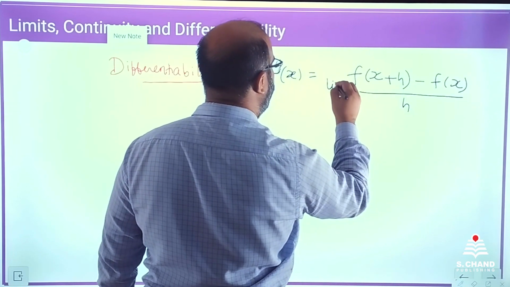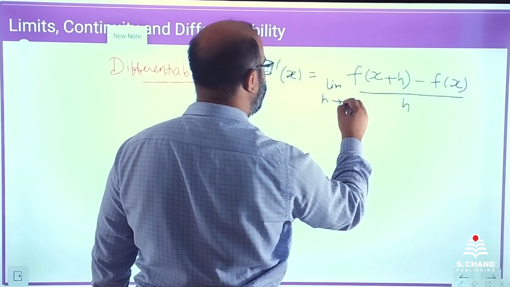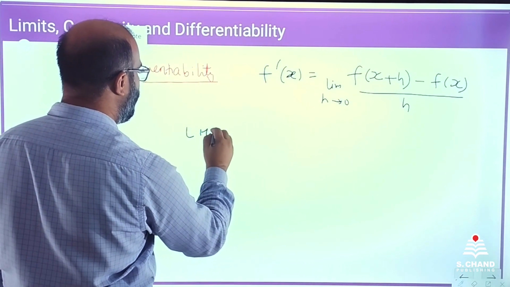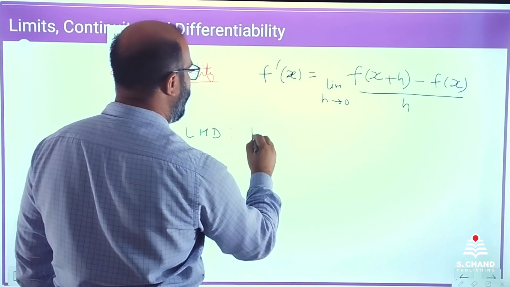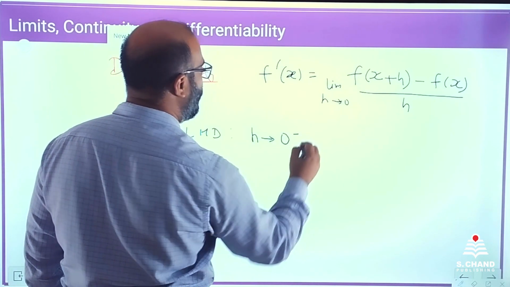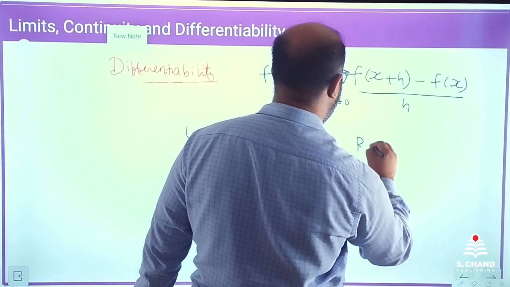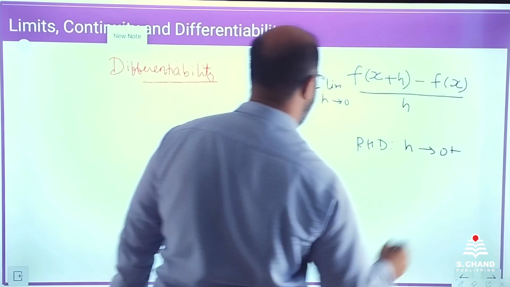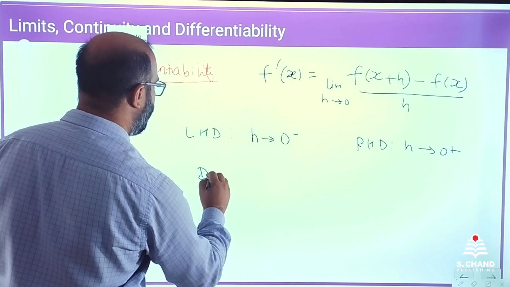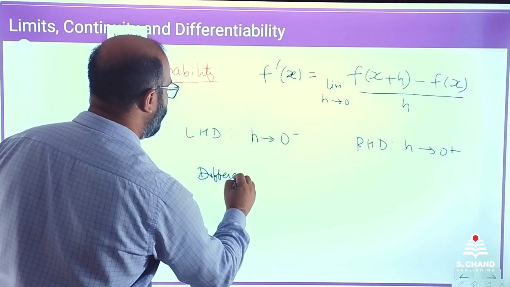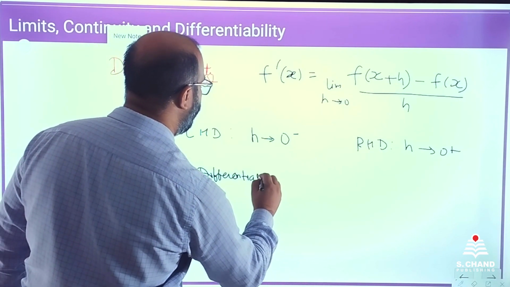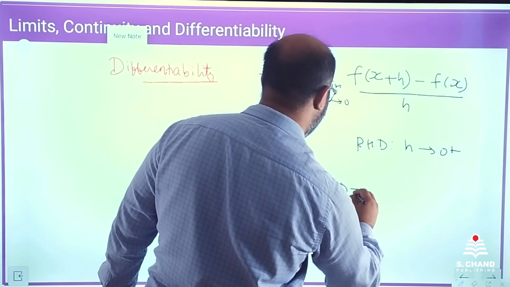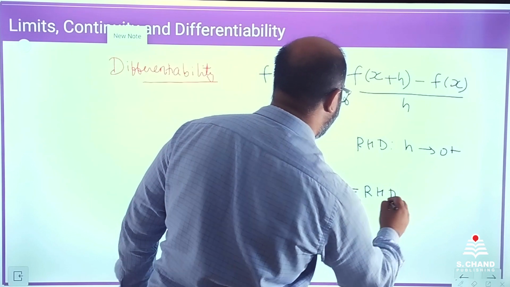Now what happens here? There is again a left hand derivative and a right hand derivative. If it is the left hand derivative, we take h tending towards 0 minus, and if it is the right hand derivative, we take h tending towards 0 plus. And we say it is differentiable if the left hand derivative is equal to the right hand derivative.